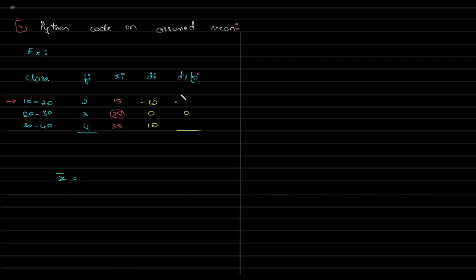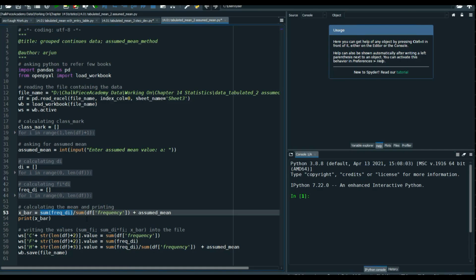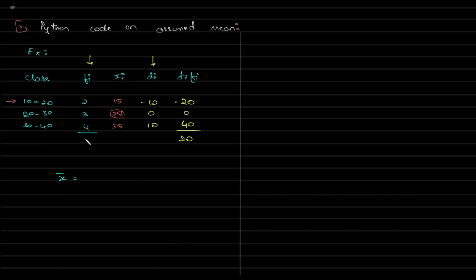Fi is this, minus 20, and this is 40. We are multiplying di and fi, so I did the wrong thing. Then we are adding this up. We'll get 20. So we got the sum, and we are also adding the frequencies. Right here, we are adding the frequencies. So this is 59.